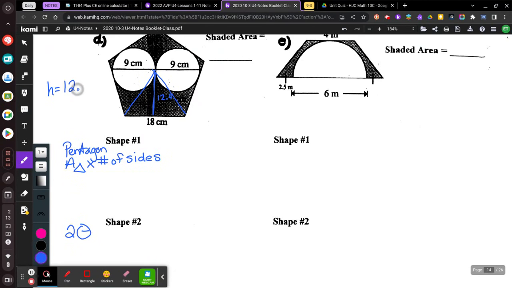It's shaded in black, so you guys can't actually see it, but it's saying the height of that triangle is 12.4. And for all of these, when you're doing pentagons or any polygon, you need their base and their height. So my base is the side length.